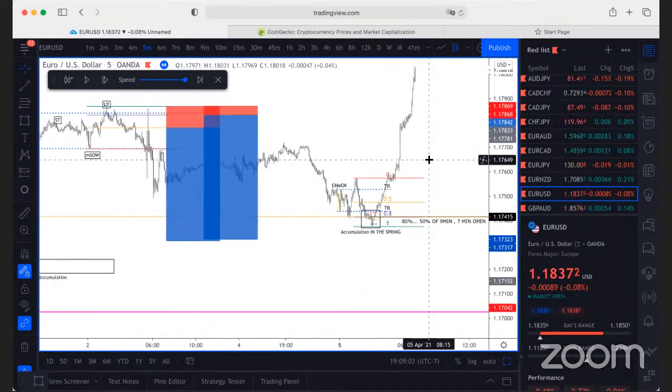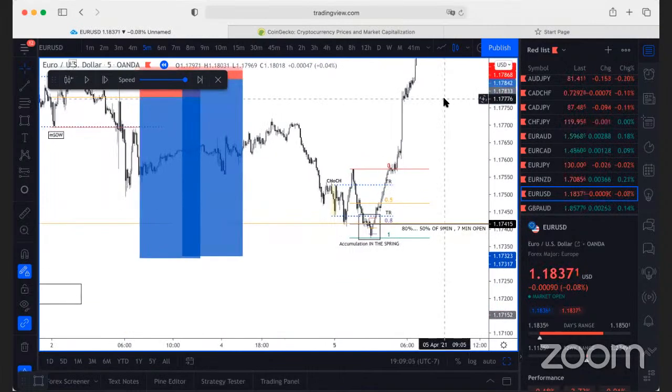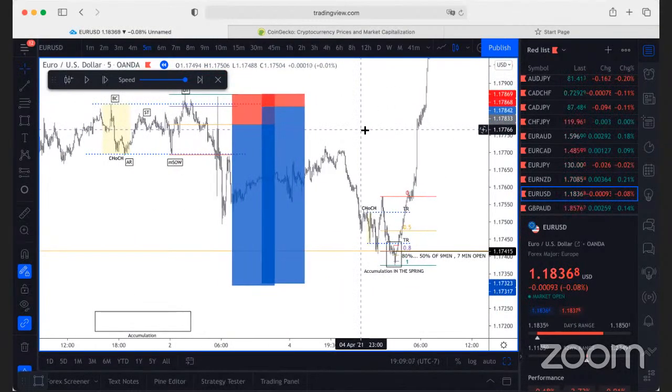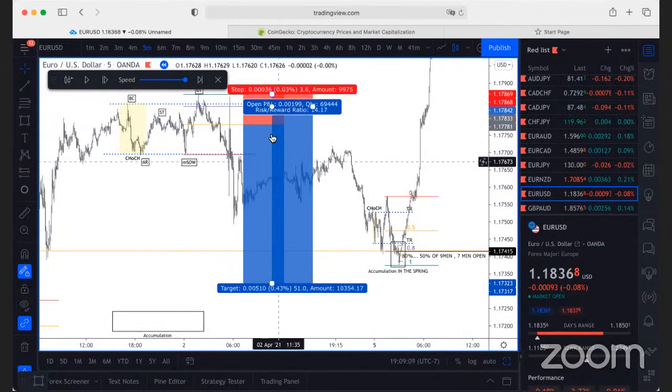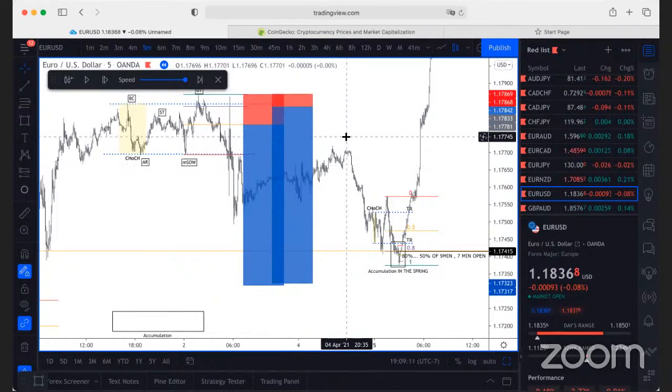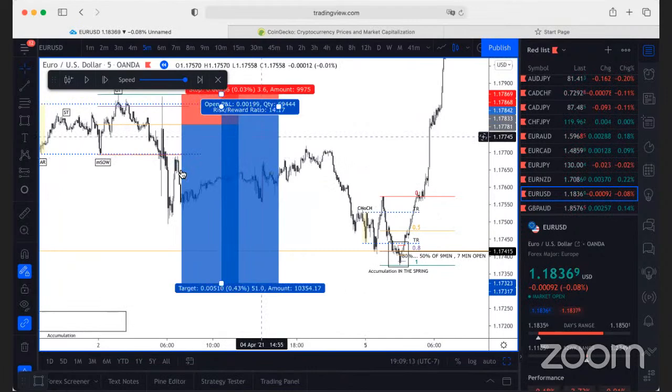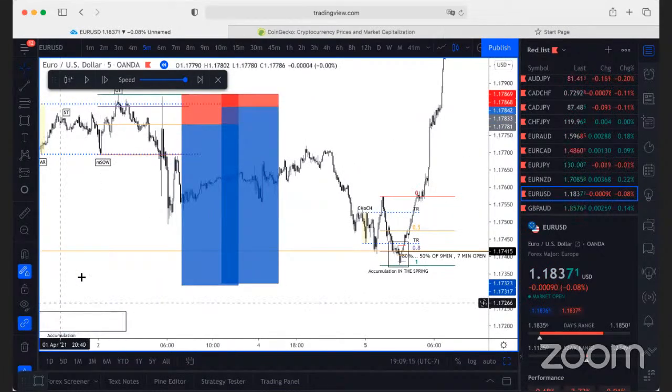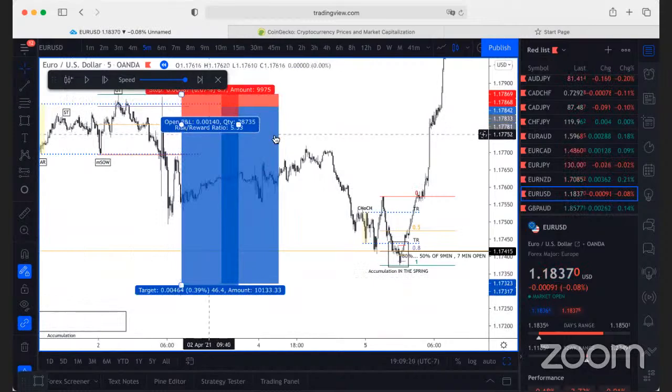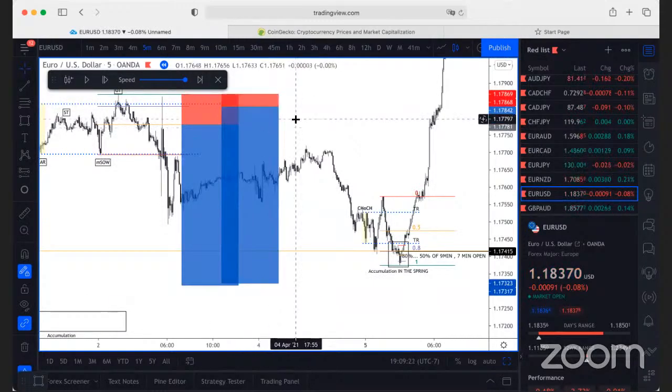So let's talk about how we would have managed this, because this is pretty important. We could have talked about it right here, but instead of closing our position, we hedge the position. But now let's say we're not going to hedge again.